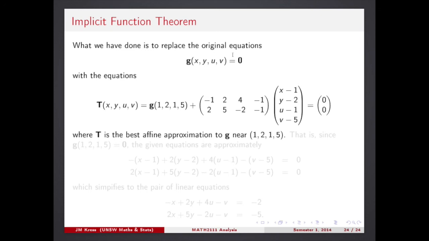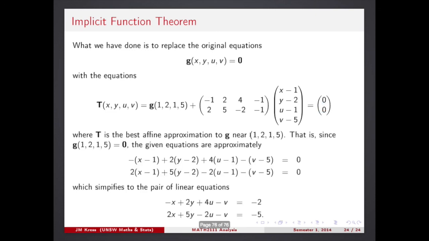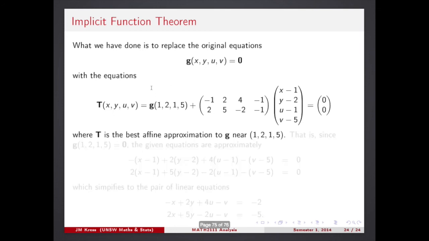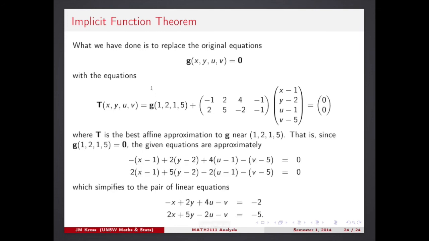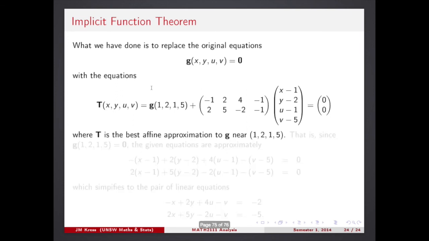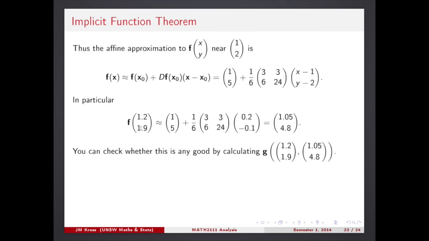Because your function is 0, you can make this assumption of zeroness, and that will give you some system of linear equations. If you put into the system of linear equations your neighboring points, on my previous slide, one of them was 1.2, 1.9, and you solve for u and v, that will give you some other approximation which will be close to this.